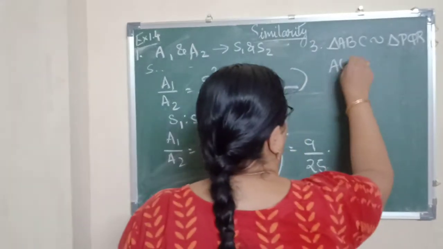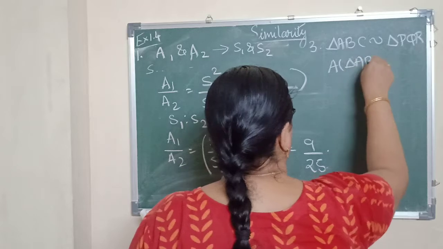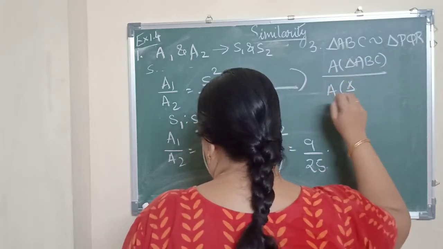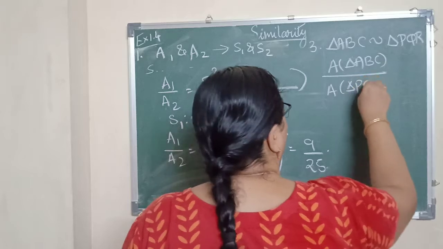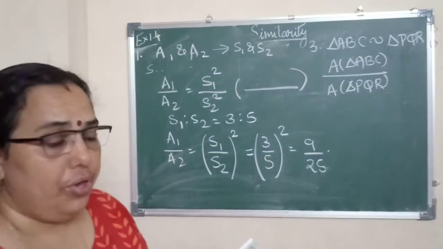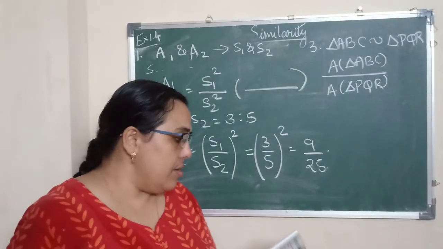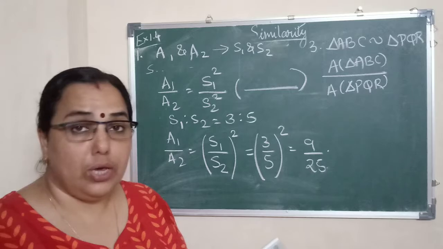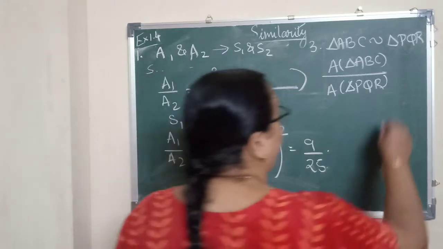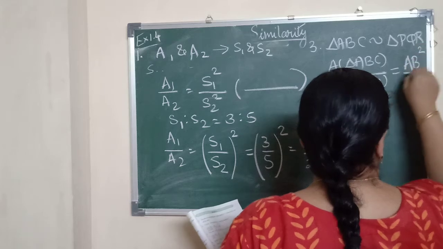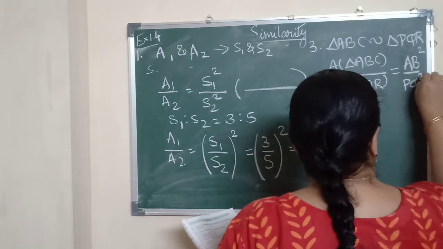So what is area of triangle ABC upon area of triangle PQR according to the theorem what we have learnt now? Yes, look at the question. You can see they are mentioned about AB upon PQ. So we write this is equal to, very correct, AB square upon PQ square.